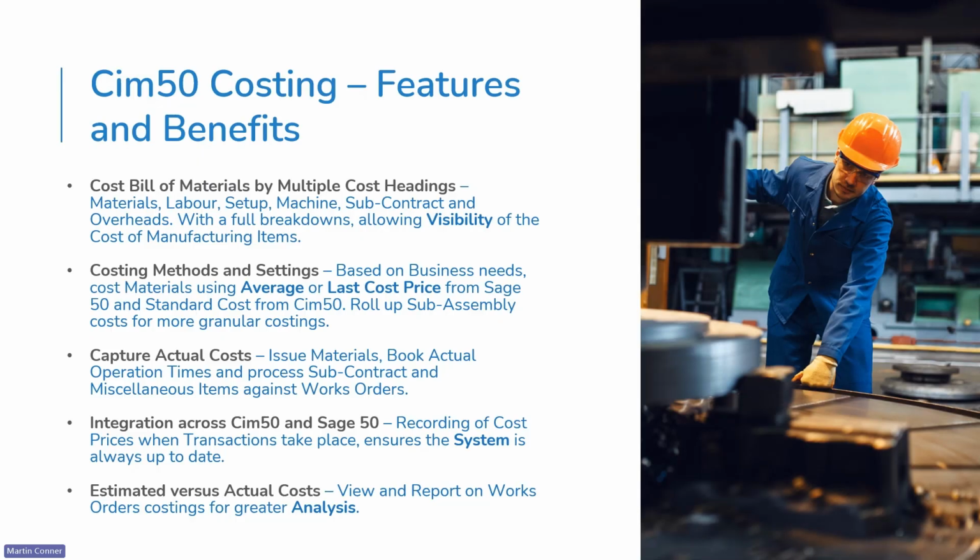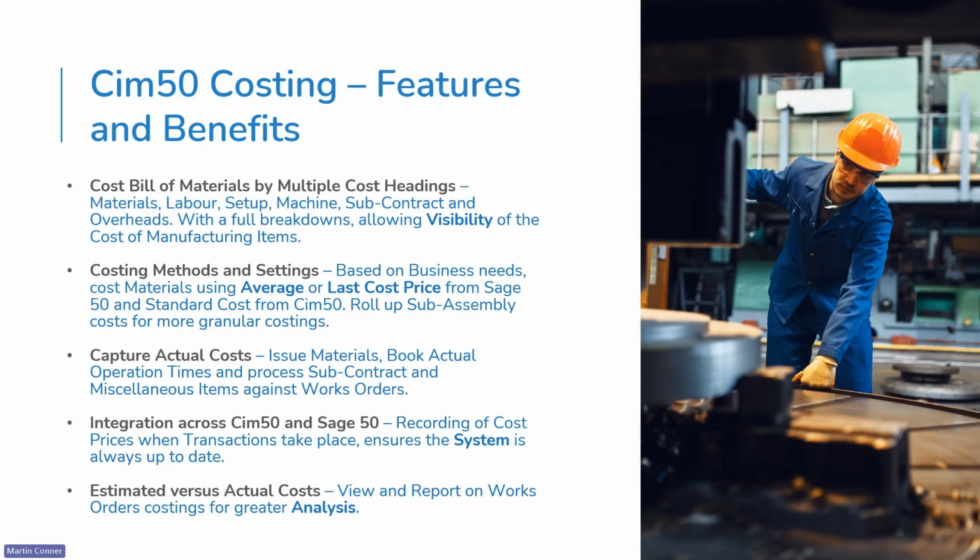And finally, overheads: we can build in overhead percentages for heating, lighting, and the like against materials, labour, and machine. All of that gives you great, quite granular visibility down to those individual elements. So we can cost a bill of material and see what an individual component or an individual process generally costs us, right down to the labour and the machine.